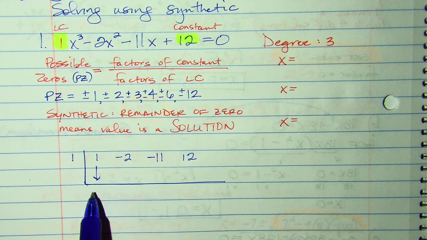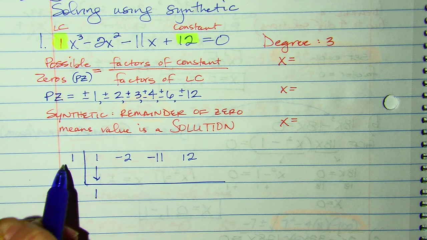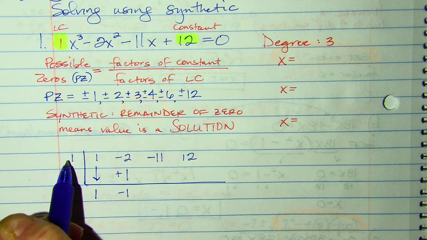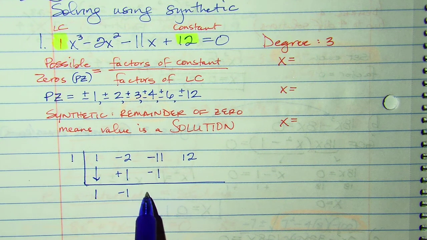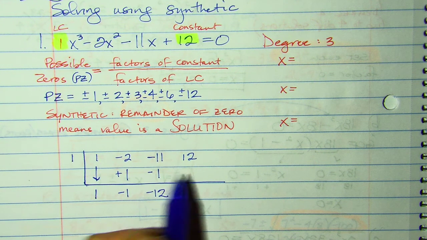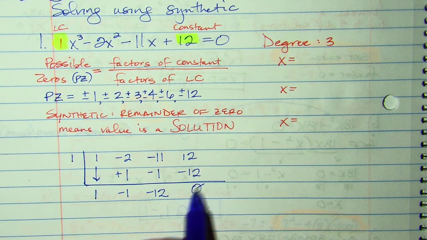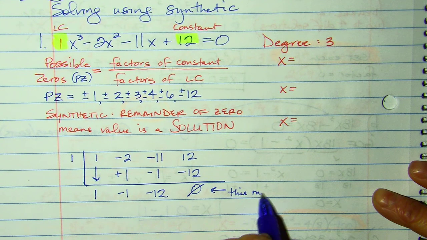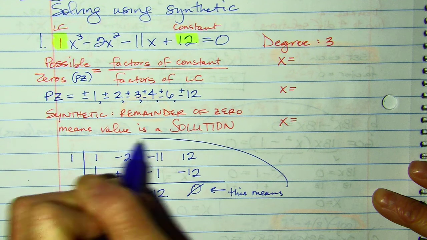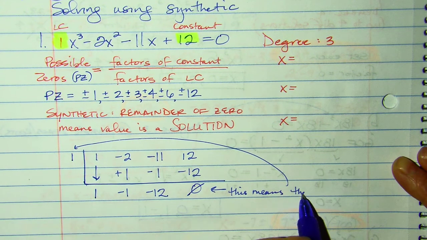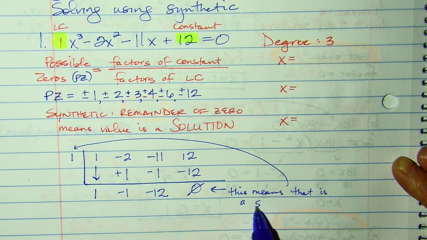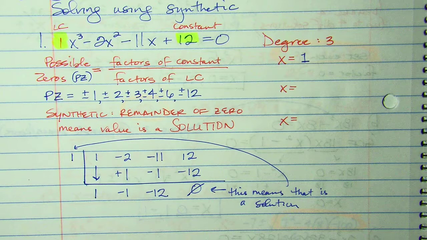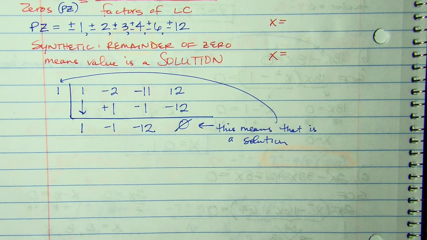So I'm going to bring down the first number, multiply by the number on the outside, add to come down, multiply by the number on the outside, add to come down, multiply, and I get a remainder of 0. So that means that is a solution. Positive 1 is my first solution, and I know that because I got a remainder of 0.